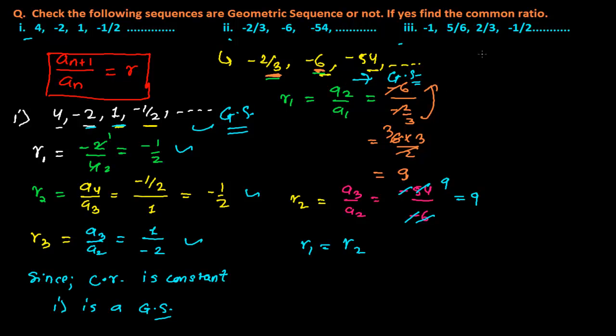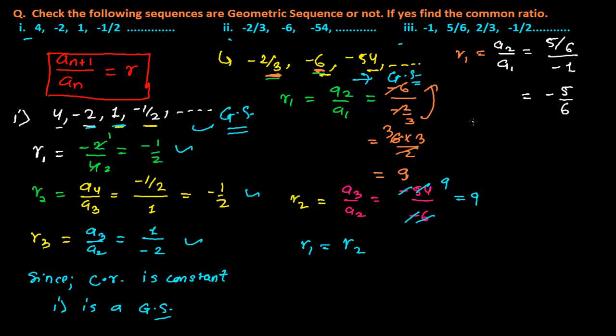Alright, now let's talk about the third one. Here we have minus 1, 5 by 6, 2 by 3, minus 1 by 2, like this. Let me first find the first common ratio, R1, again the succeeding term over the preceding term. The succeeding term a2 is 5 over 6 and the preceding term is minus 1, so overall I get minus 5 over 6. That's my first common ratio.